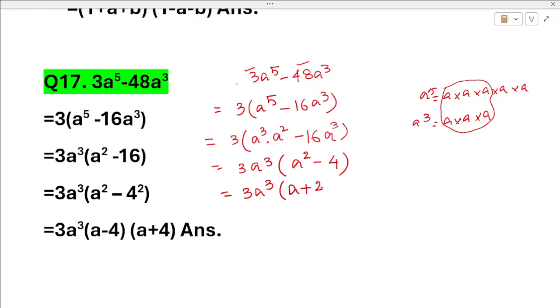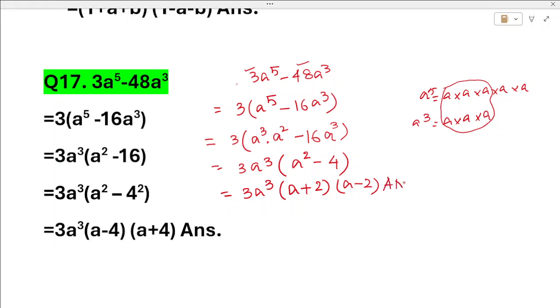This is the sum and this is the sorry, again, sorry. So this is minus of 2.